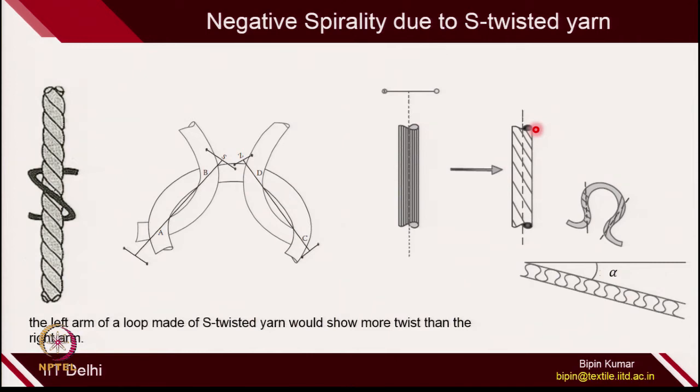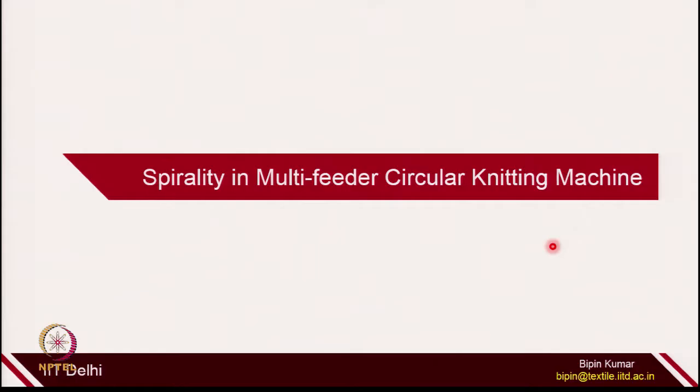There is another big problem with single jersey fabric when it is being made on circular knitting machines. There, another form of spirality can come and the courses will not remain stable or horizontal. What do I mean by that?